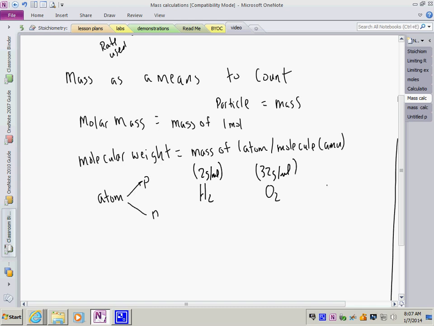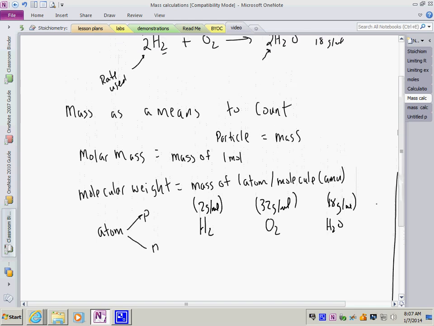And for water, H2O, it's 18 grams per mole. This is going to allow us to make a linear ratio or relationship between a mass that we might weigh out and the number of moles of particles that are there. Now the moles are important because that measures number of particles. This is the mass, this is the moles, which is the number of particles. It represents how many there are.